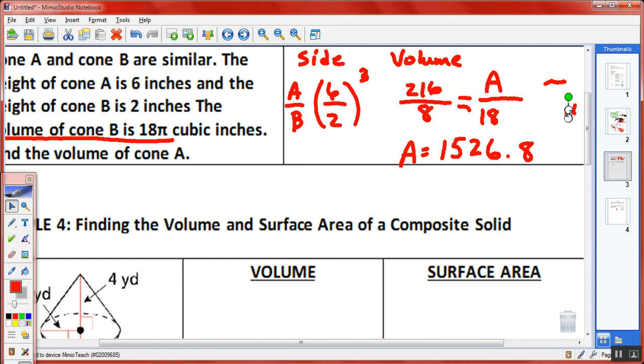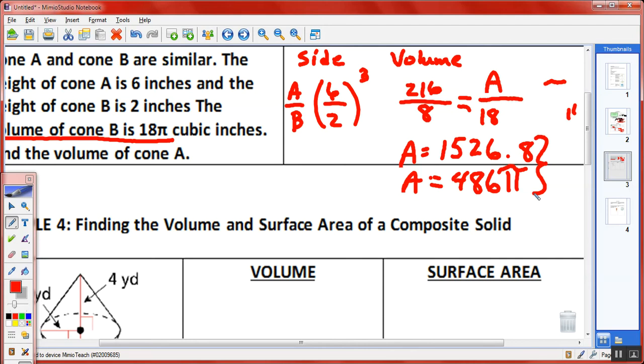Take 18 times 216 divided by 8. 486. I guess also say, or area would equal 486. What do we choose not to work with in that? Pi. Okay, that could be either one of these answers right here. Either one would work.